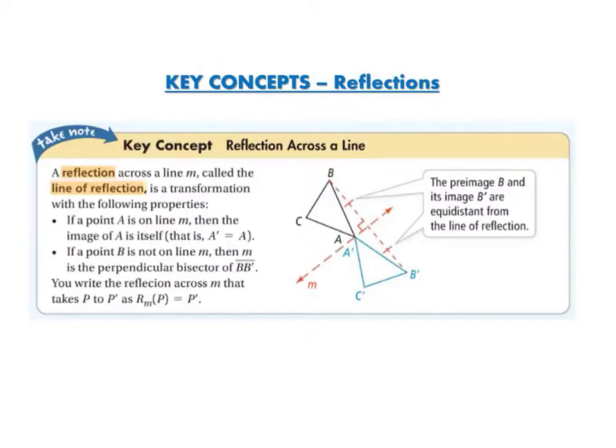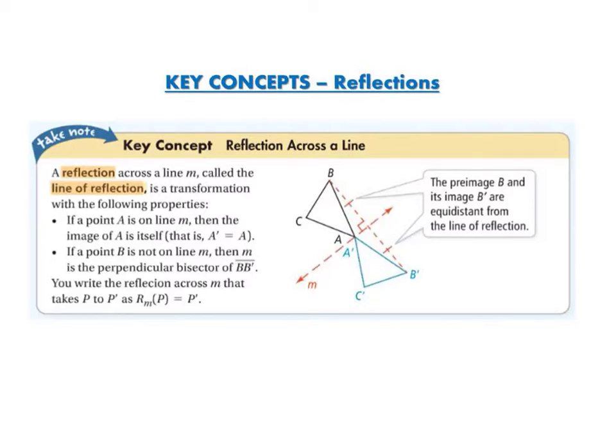All right, so here are the key concepts. A reflection across a line M, here would be line M, and here is our original triangle ABC, and here is our prime, or the after image in prime notation.